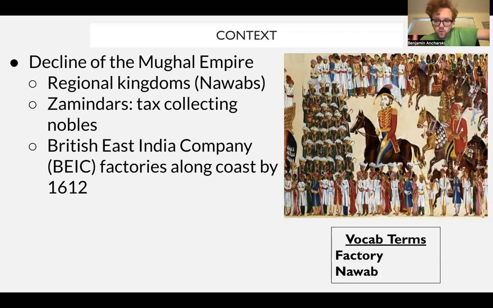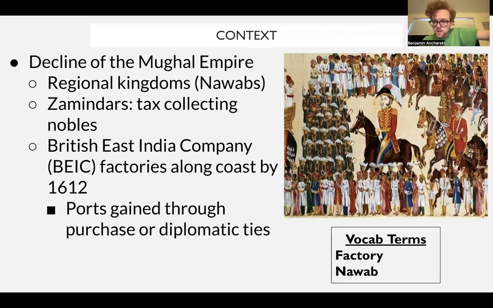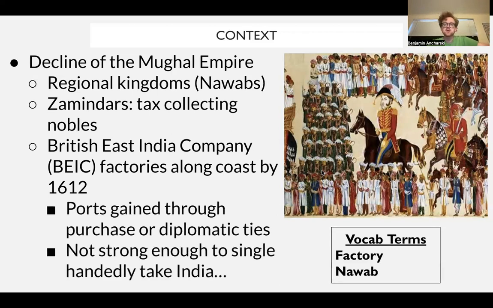However, a few things before we look at how these trade posts will expand inland. First, before 1750, really before the Industrial Revolution, most of these trade post territories were gained through money or diplomatic negotiations. It's important to remember that the Industrial Revolution is what gives Britain, in this case, and Europe in general, the advantage over societies in Africa and Asia.